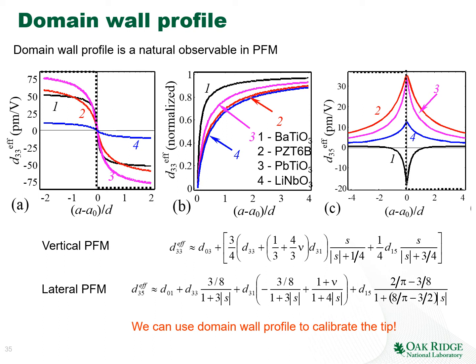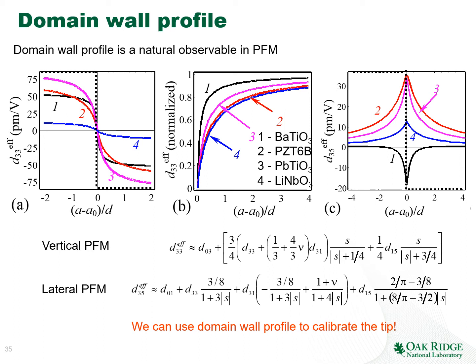We know that in most ferroelectric materials, the domain walls are atomically sharp, which basically means that the observation of the domain wall in PFM experiment tells us what is the size of the tip. So rather than probing the wall with the tip, we actually probe the tip with the wall. And we can calculate the behavior of the piezoelectric signal across the domain wall for different material classes.